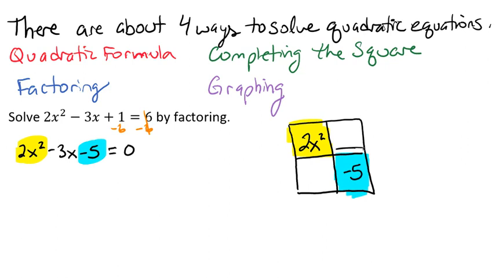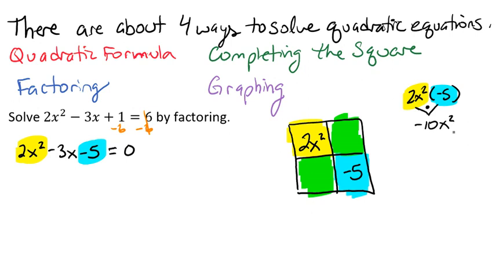Now these two boxes are created by multiplying the pieces of our first box with our last box, right? So we multiply those together and get a negative 10x squared.